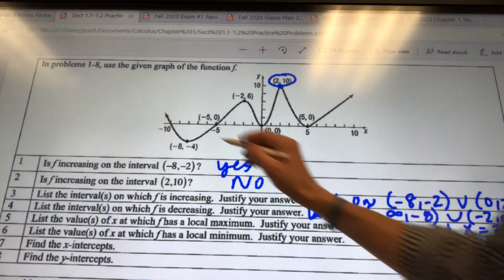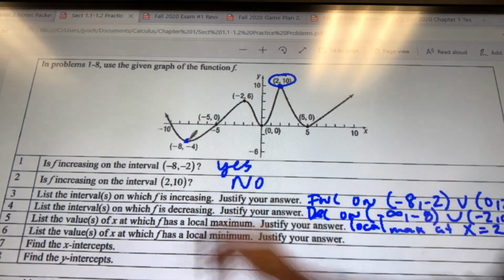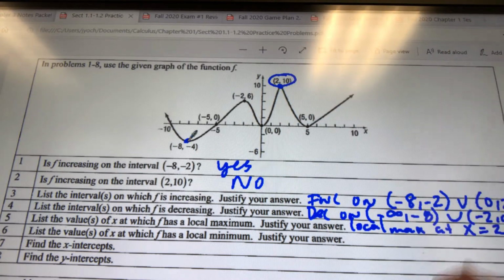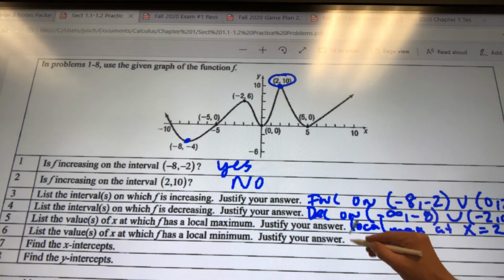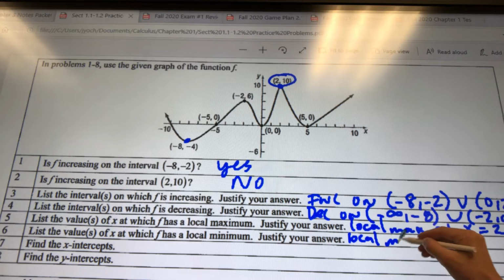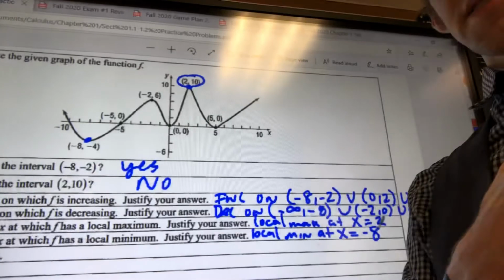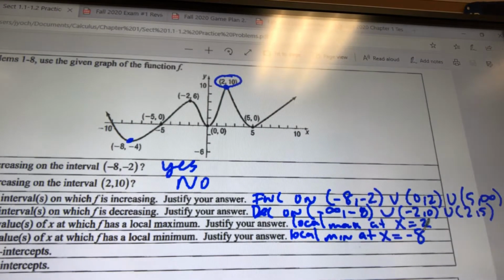Local min would be right there. And since the graph's going up, that is its absolute min too. So local min at x equals -8. Sorry if you guys can see that, I was talking about those earlier. All right, I think you can see that. Local max at x equals 2, local min at x equals -8.